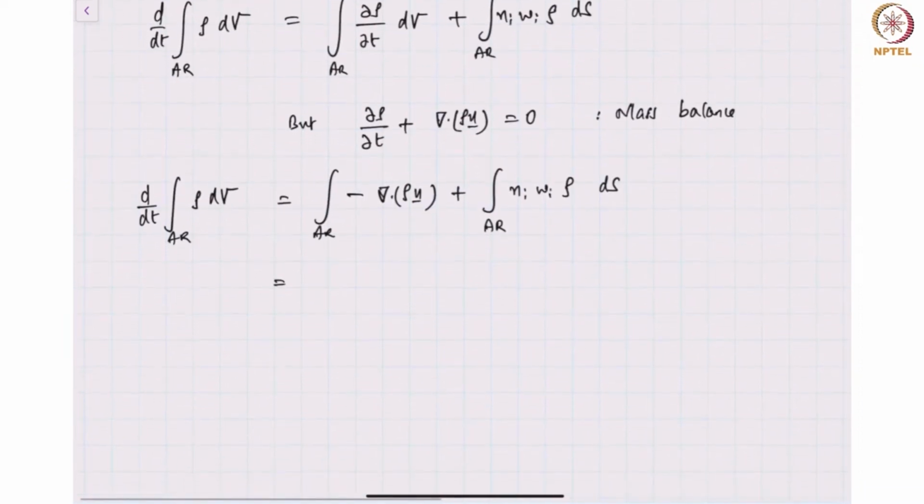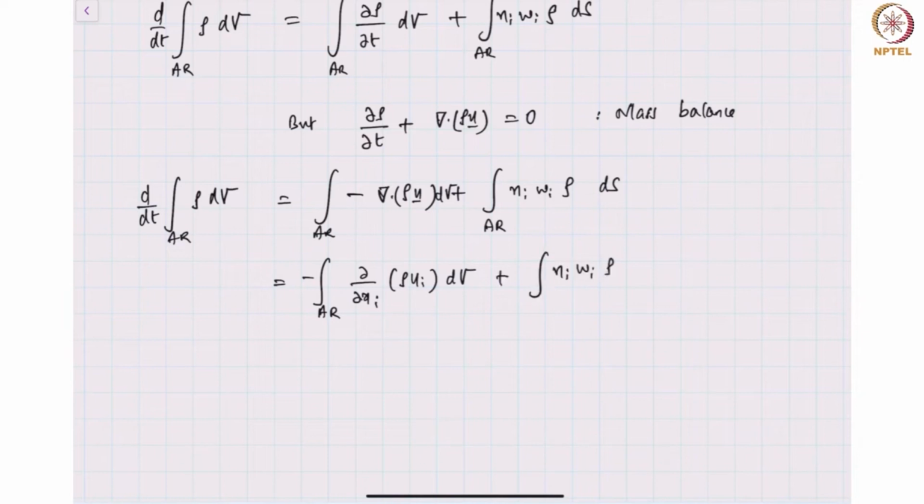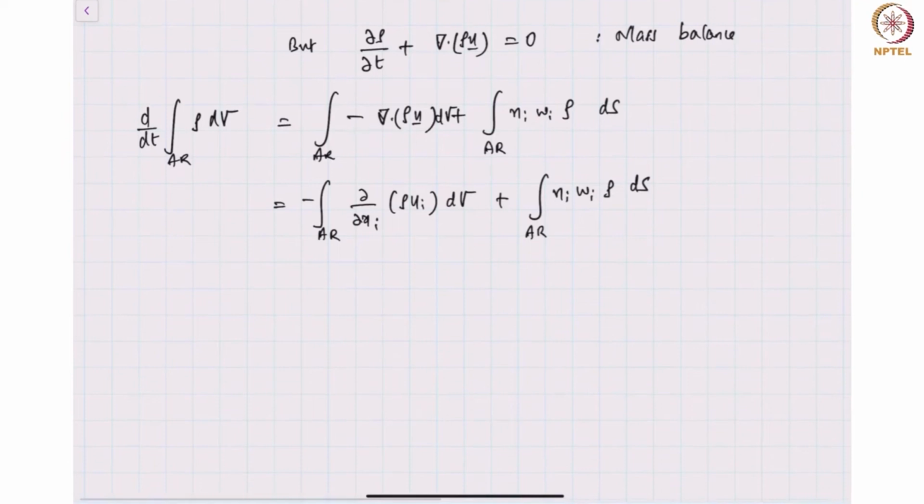And to be consistent, if I write everything in index notation, this is dV. And if I use Gauss divergence theorem, I can convert this volume integral into a surface integral.